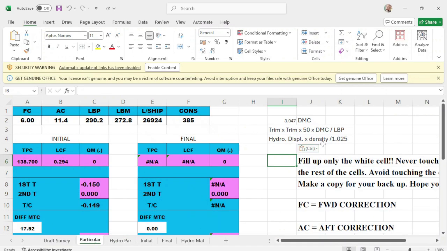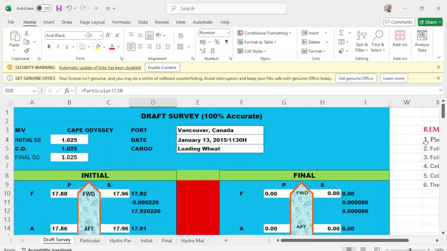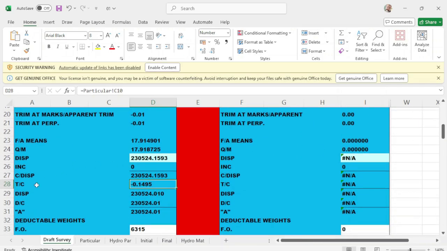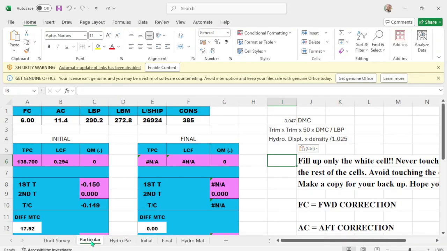And over 1.025, and hydrostatic displacement is this one. Once you apply your trim correction, this will be your hydrostatic displacement of 2305224. Okay, so we apply now the density correction. What is the formula?